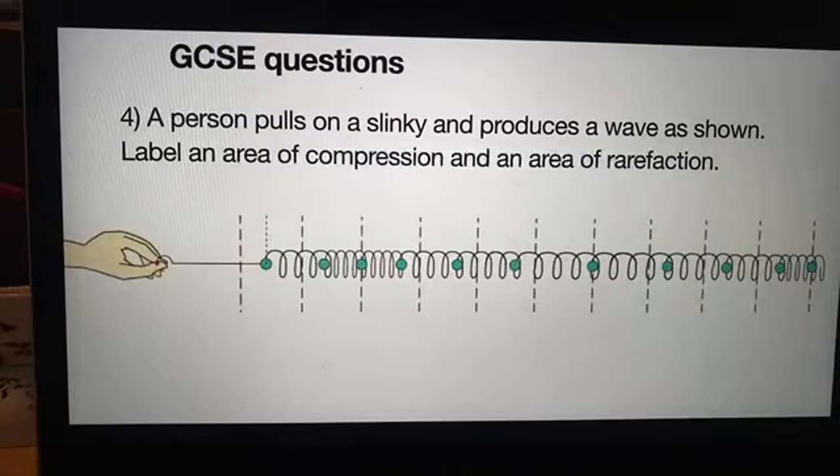Some parts of the slinky are squished together and some are spread out. And they've put lines across the slinky to split it up into bits. I think they've done a good job of making a simple thing quite difficult.